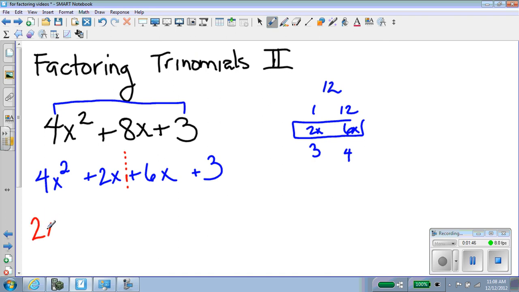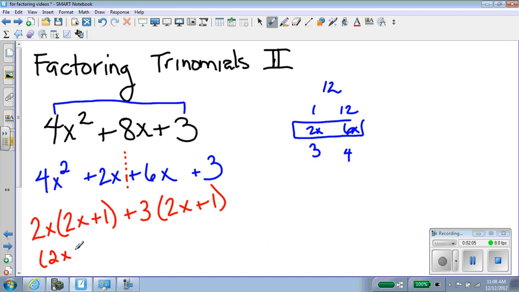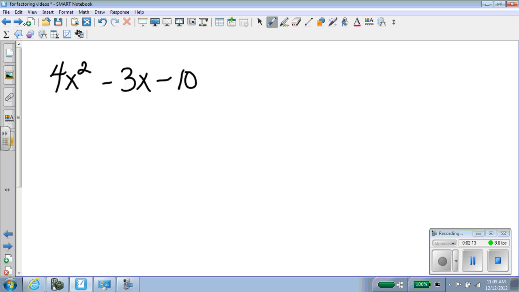So 2x in common for the first 2, leaving me with 2x plus 1, plus 3 in common for the next 2, leaving me 2x plus 1. 2x plus 1 is now common to both terms, so 2x plus 1 times 2x plus 3. Let's try that again.